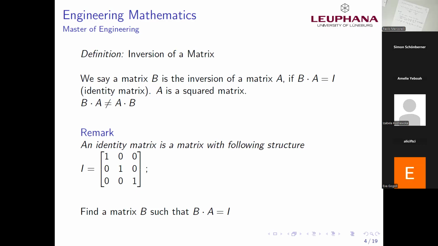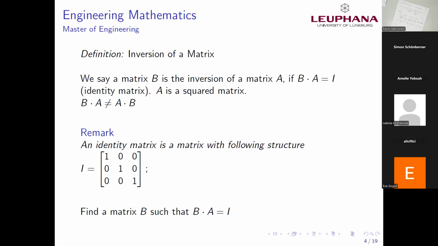I is an identity matrix, which we can see here in the last part of the slide, characterized by all zeros except on the diagonal, where we have 1. This is the identity matrix.